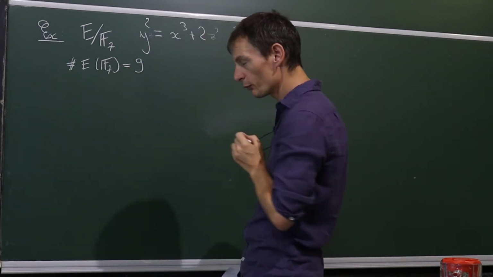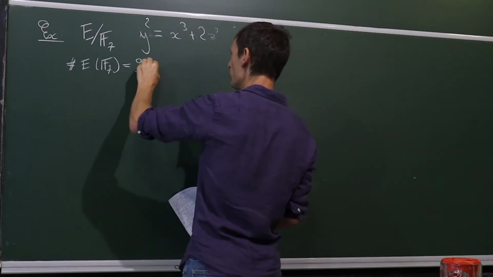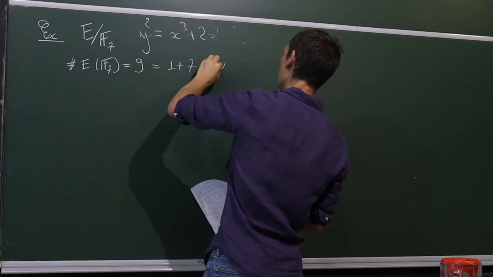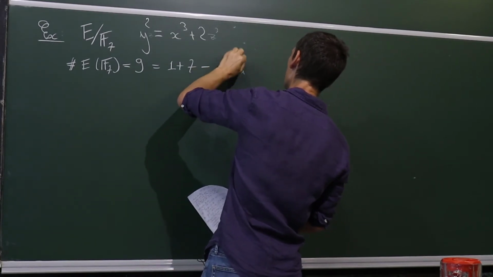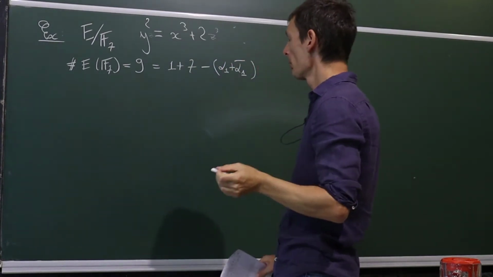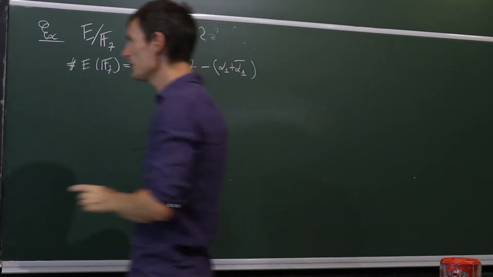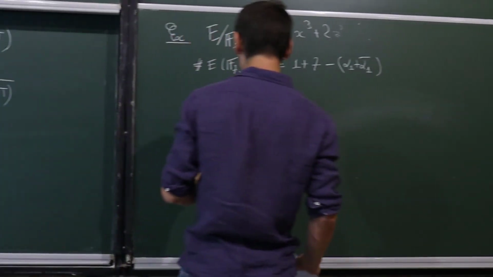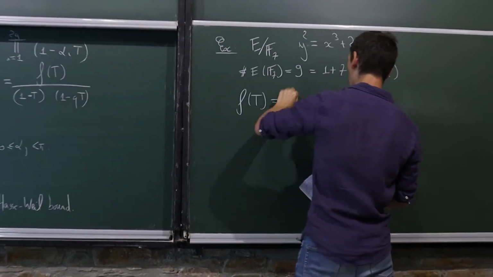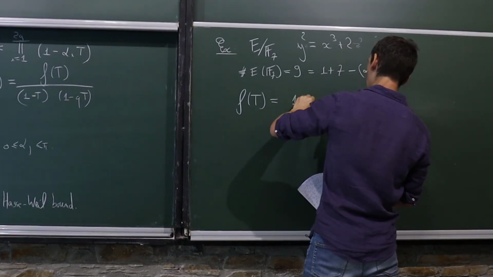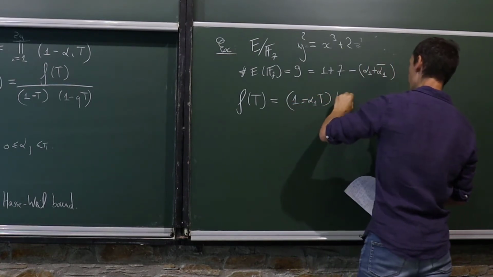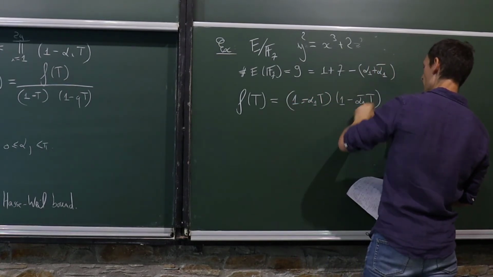But by the formula that we just saw, this should also be 1 plus 7 minus alpha 1 plus alpha 1 bar, right? Which says that the f(t) I'm looking for is completely determined, because f of t for a genus 1 curve should be just 1 minus alpha 1 t, 1 minus alpha 1 bar t.